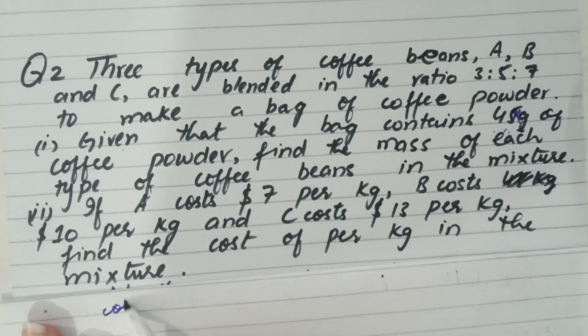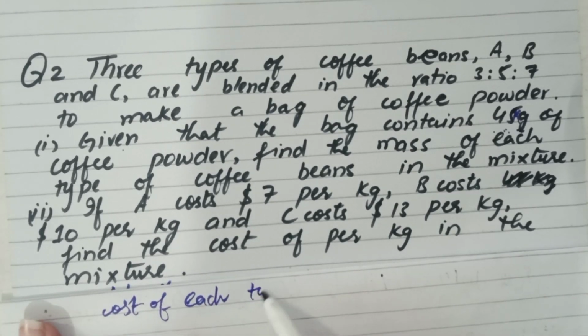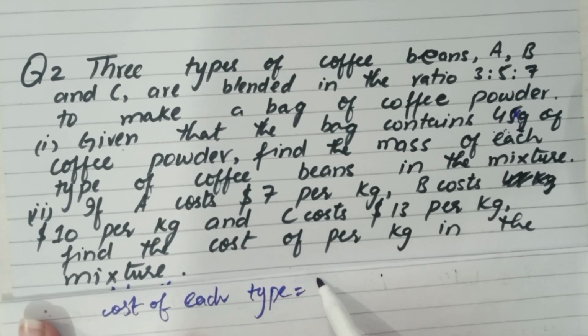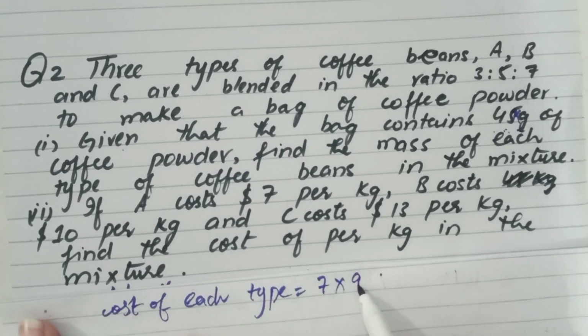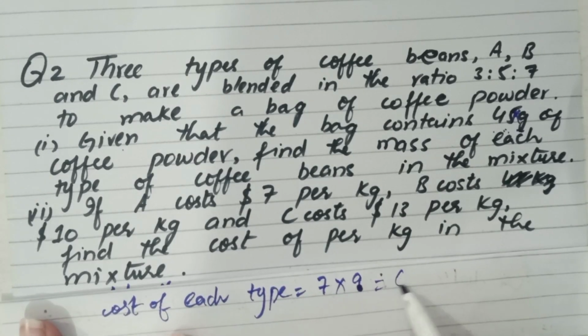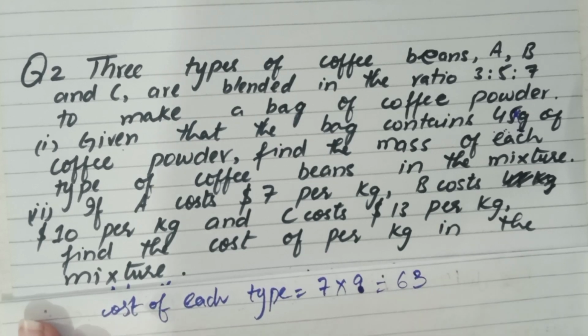Cost of each type. Type A is $7 per kg, and 7 multiplied by 9 is 63.